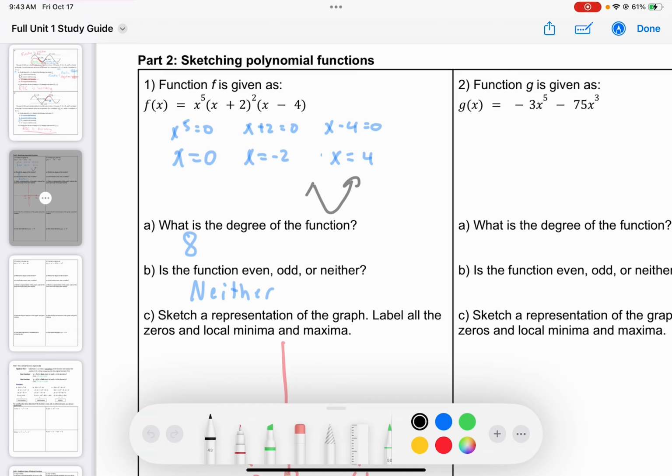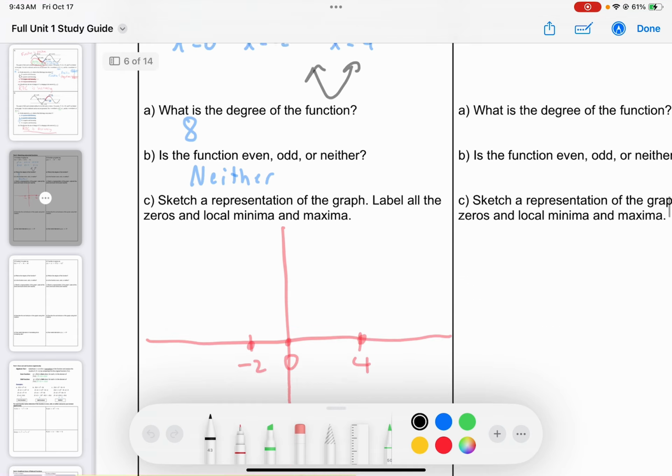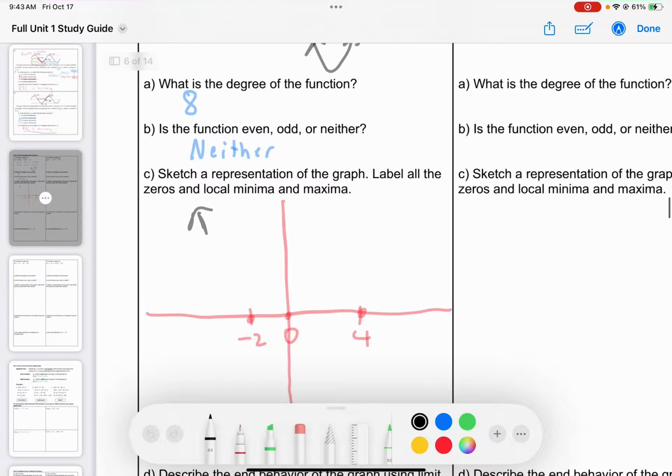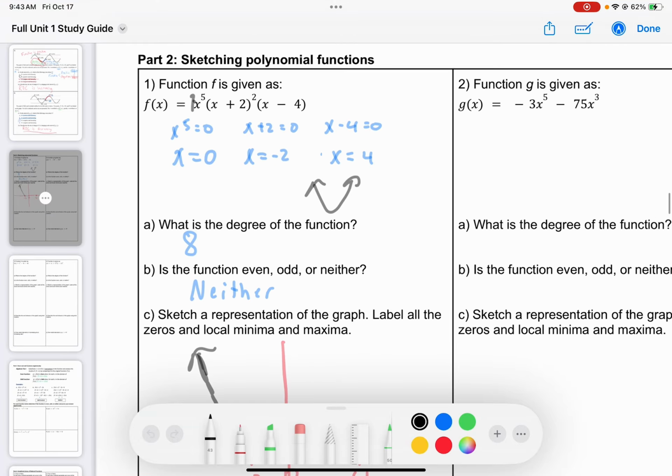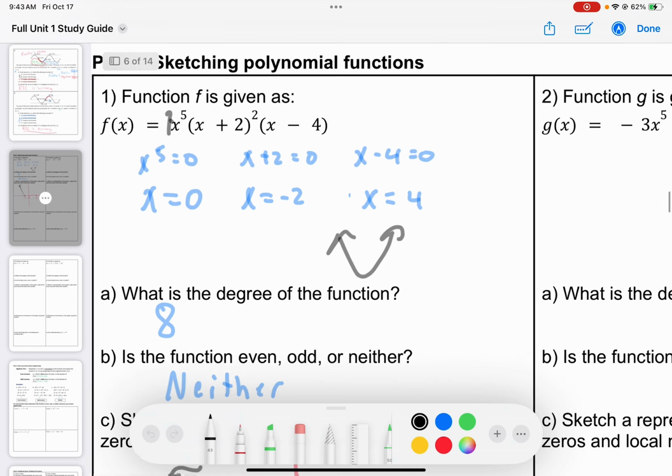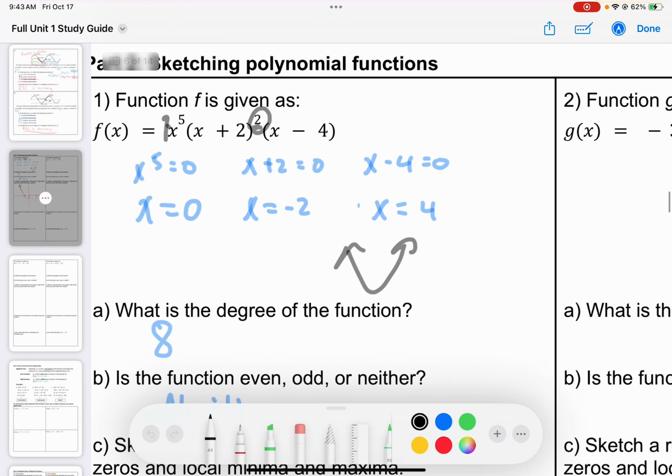All right. Well, we already said the end behavior is even, and with a positive leading coefficient, it should look something like this. So I'm going to start by coming down, because I know my end behavior starts like this. I'm going to come down at this negative 2. Am I going to go through it or bounce off of it? Well, negative 2 has an even degree. The factor does.